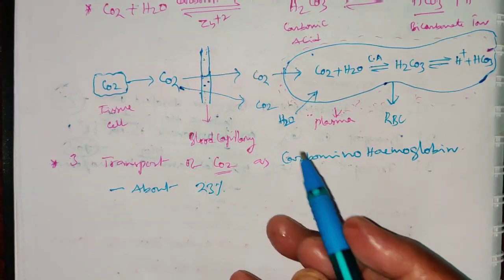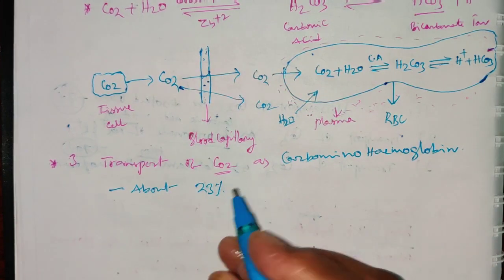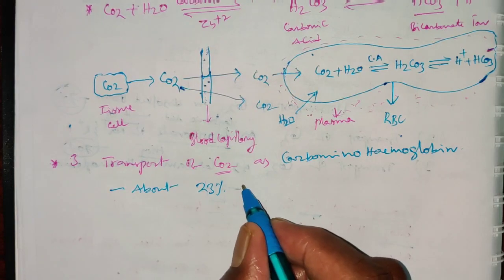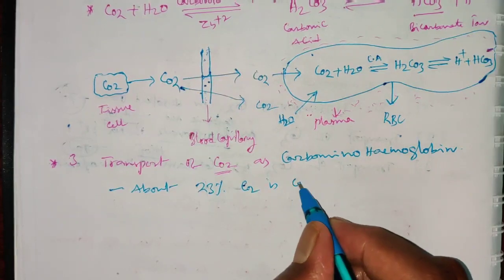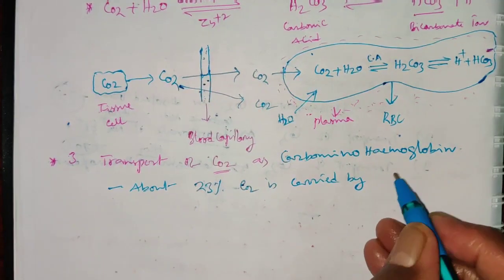So 23% of carbon dioxide is transported in the form of carbaminohemoglobin.